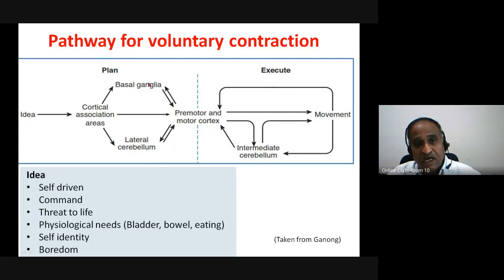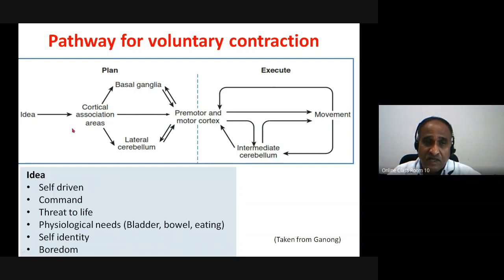First it will talk to the basal ganglia and ask for the planning. The basal ganglia provides the planning, sequencing, and programming of the particular action. That would be sent to the premotor or motor cortex.